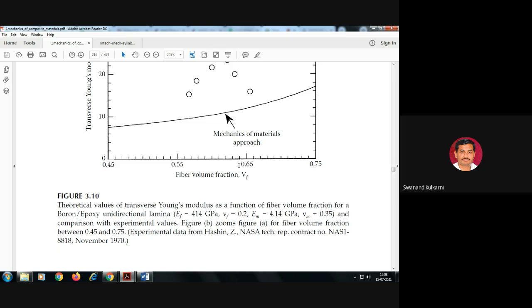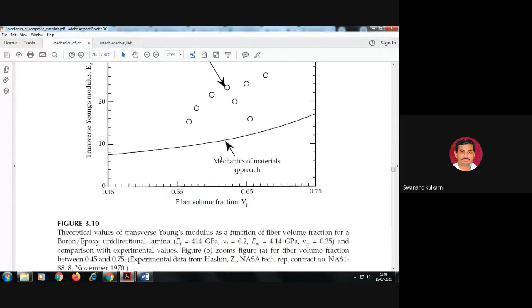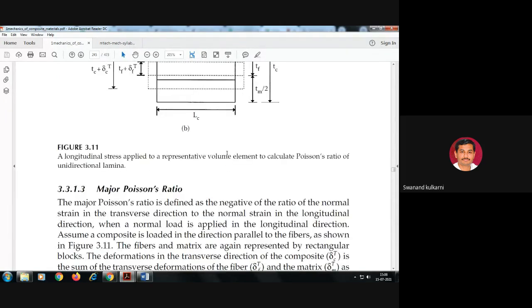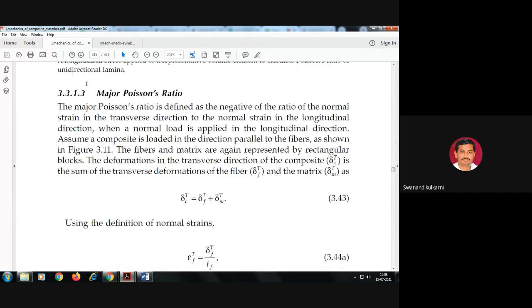In both cases, this comparison is made between experimental results and the theoretical model developed, which is the strength of materials or mechanics of materials approach. So now with this, we will come to the next calculation, the major Poisson's ratio.